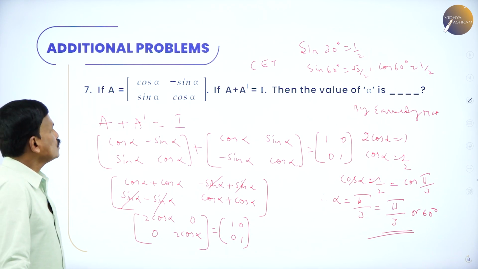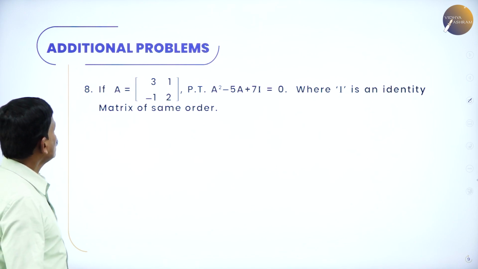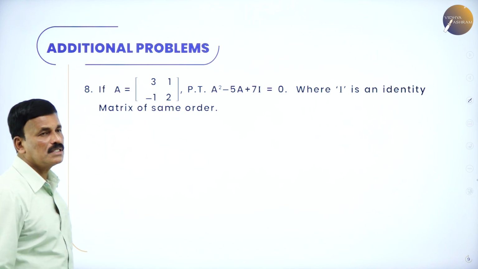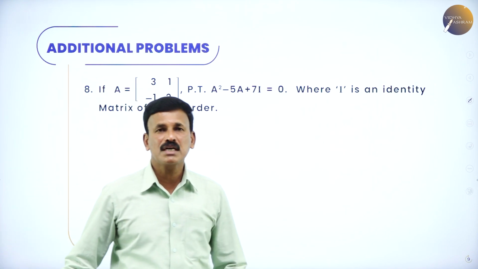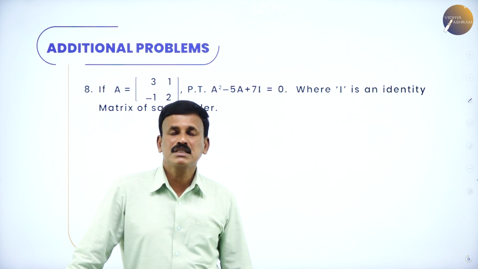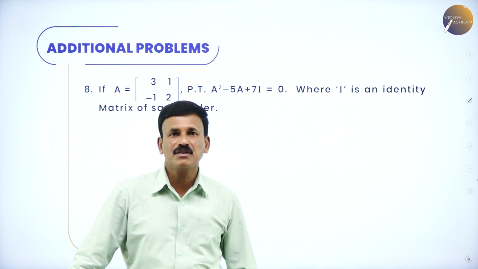Now, let us come to the next type of problem. What is the problem given? If A is equal to 3, 1, minus 1, 2, prove that A square minus 5A plus 7I is equal to 0, where I is an identity matrix of the same order. This type of problem we did in previous classes for finding the inverse; it is actually the Cayley-Hamilton theorem. Now, see, there are 2 methods in this, don't get confused.